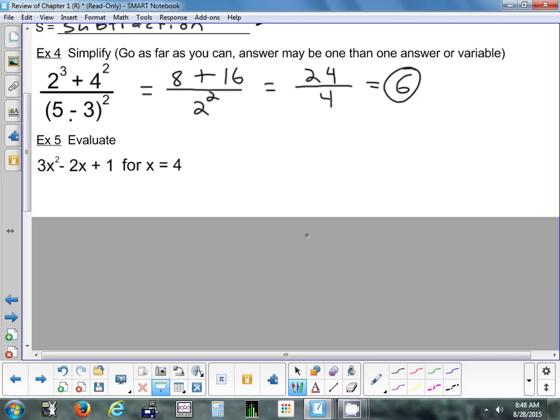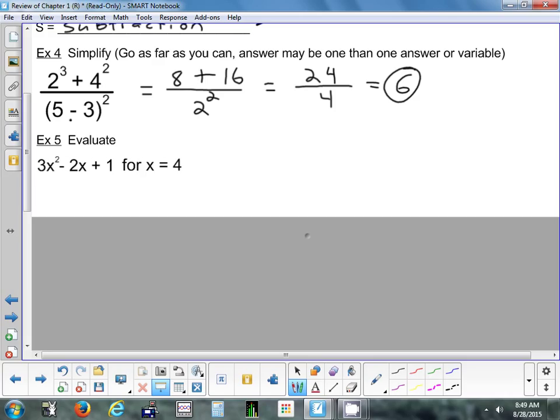Okay, evaluate. So we've got exponents, we've got addition, subtraction, maybe some stuff with order of operations, but what's the first thing you have to do when you see the word evaluate? Well, Victor? What's the first thing we have to do when we see the word evaluate? Well, it's telling me to change something, right?